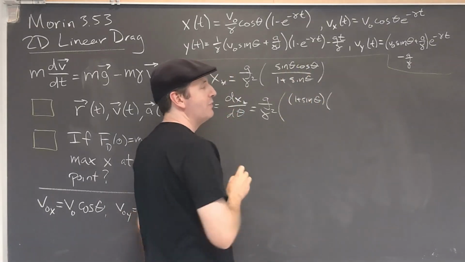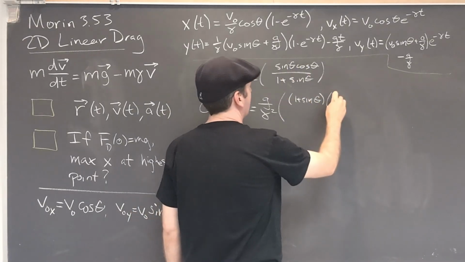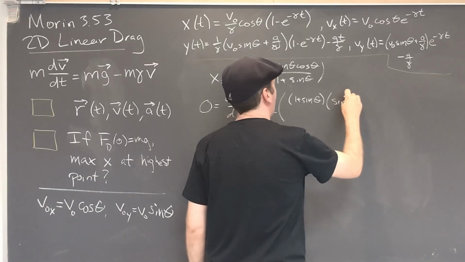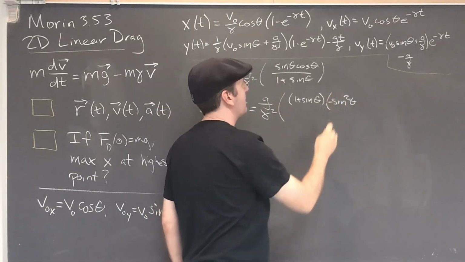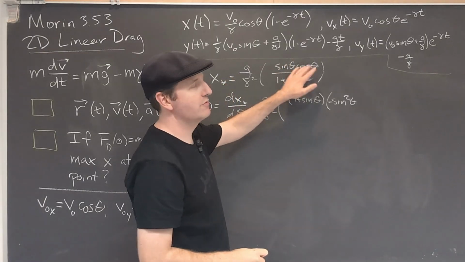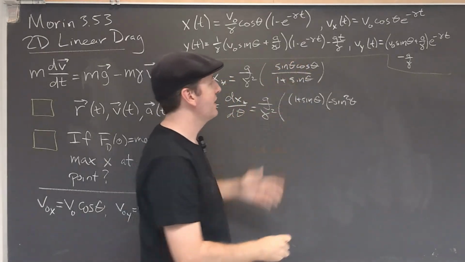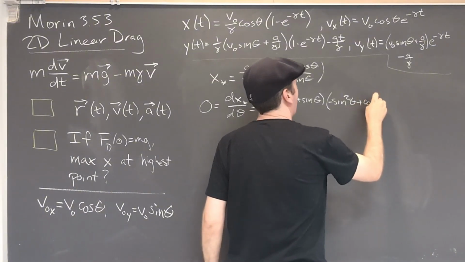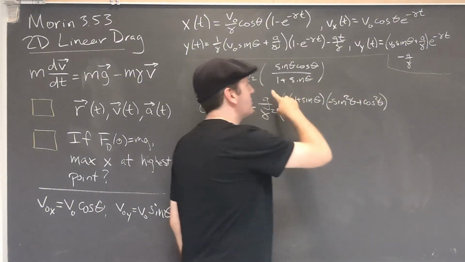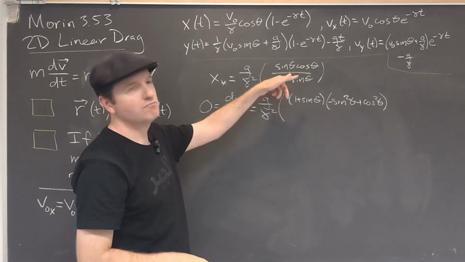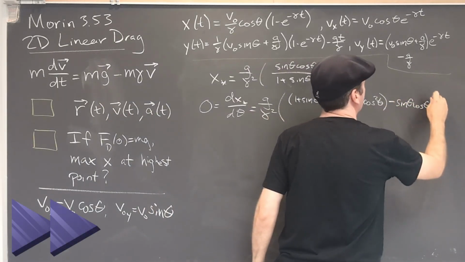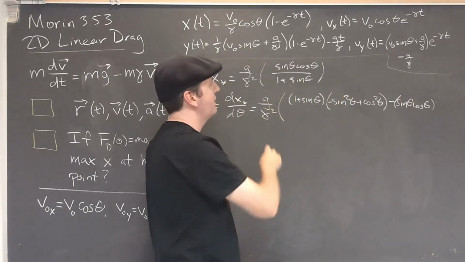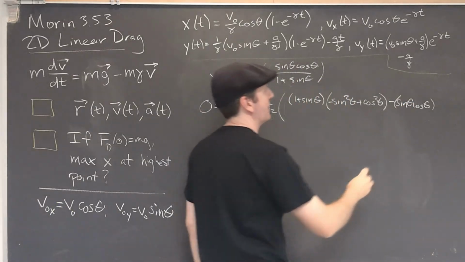That means the derivative here will be a product rule. So I'll have a negative sine squared theta from sine times negative times the derivative of cosine, which is negative sine. And a cosine squared theta from cosine times derivative of sine. And then we'll need to multiply by the derivative of the bottom, which is just cosine.